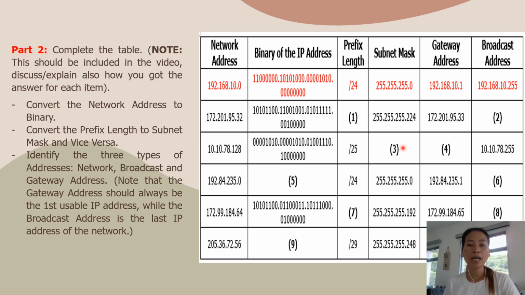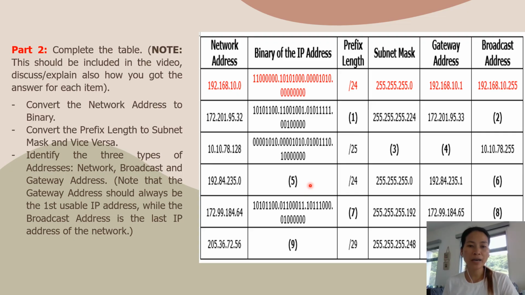So from 10.10.78.128 to 10.10.78.255, that means the first valid host address is used as a gateway. So our gateway would be 10.10.78.129.